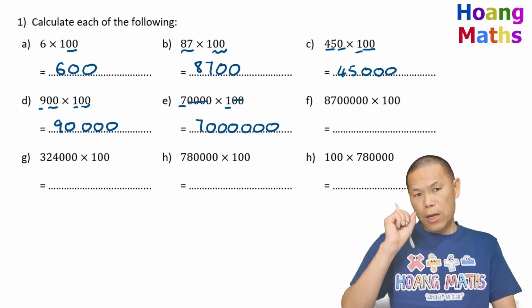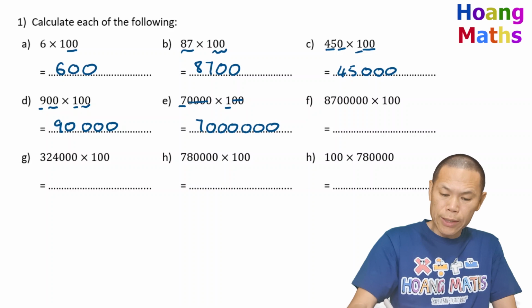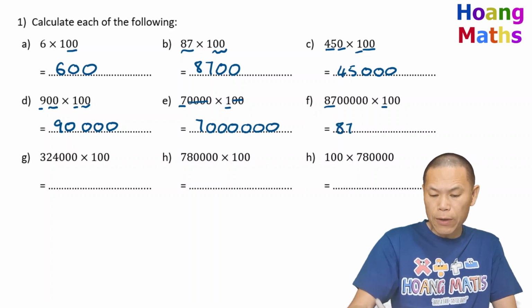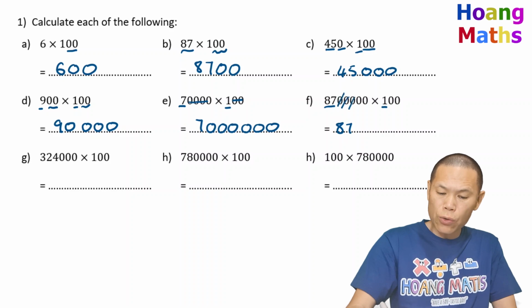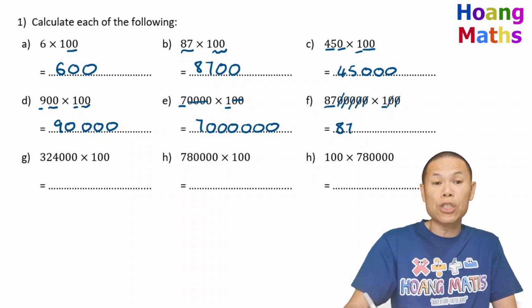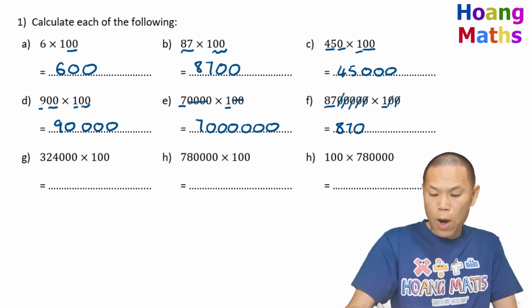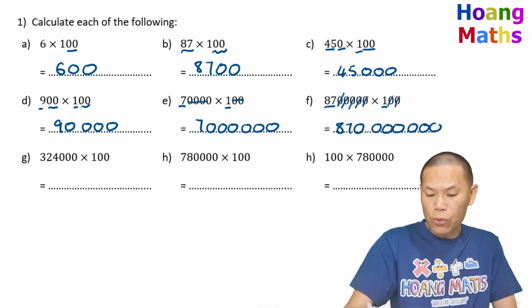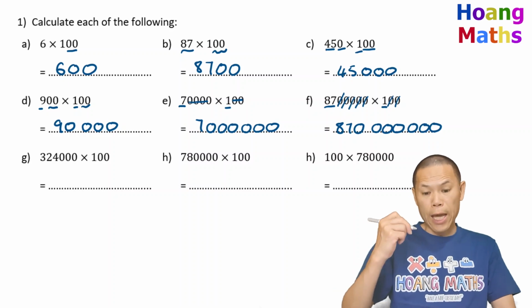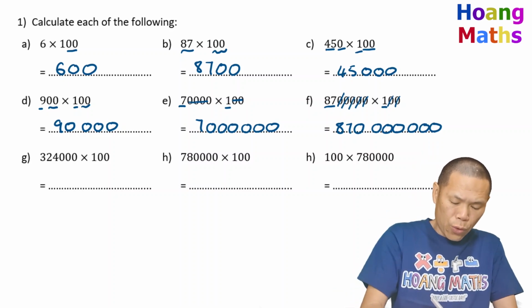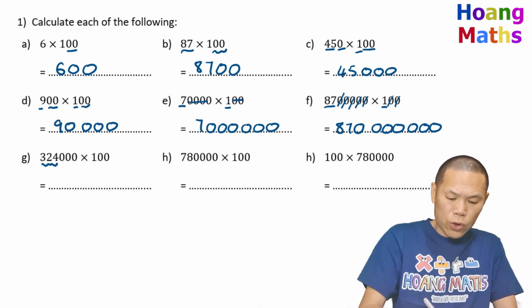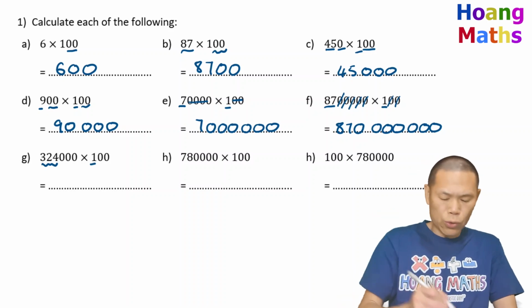And part F, 87 times 1 is 87. And we have the zeros, 7 zeros at the end. And we have 324 times 1, which is 324.